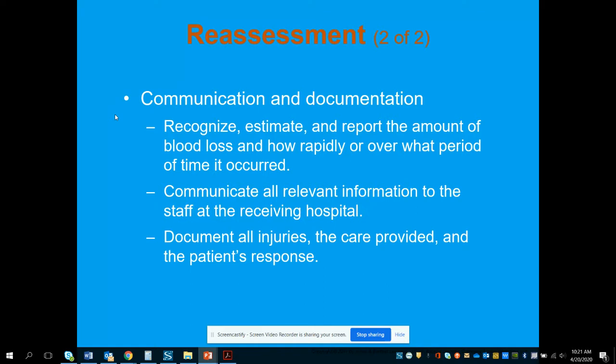So if we're transporting to a trauma center and we have identified that this patient probably needs some type of surgery very quickly, and we're doing rapid transport, we're going to give them a pre-alert. We're going to let them know what exactly we're looking at, how much blood has potentially been lost, what we have done for the patient, what we're looking at right now, and our estimated time of arrival.